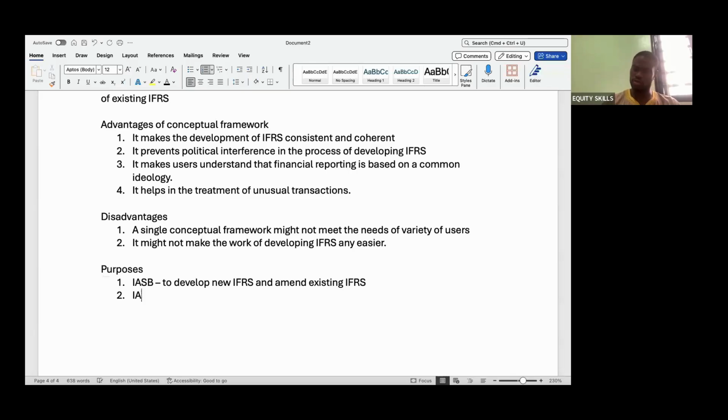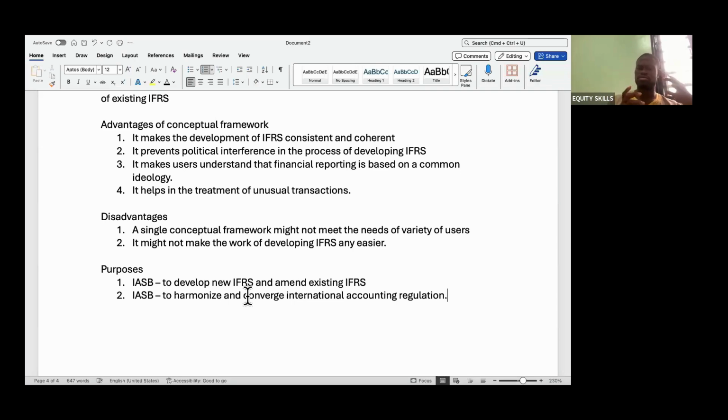It would also be very useful for the IASB to harmonize and converge international accounting regulation. Let me be sure that you understand this point, that this conceptual framework can help the IASB to harmonize and converge international accounting regulation.